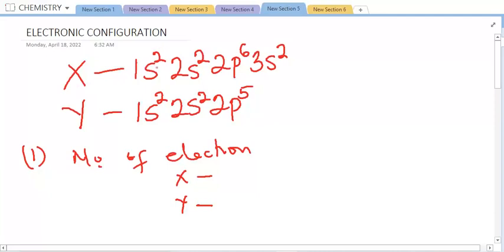So for X, the number of electrons is this plus this plus this and plus this. So we have 2 plus 2, 4, plus 6, 10, plus 2, 12. So the number of electrons is 12. For Y, 2 plus 2, that's 4, plus 5, that is 9. So the number of electrons for X is 12, for Y is 9.